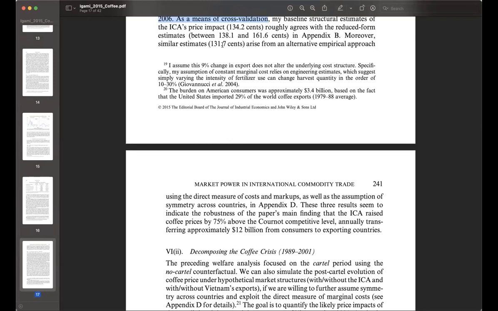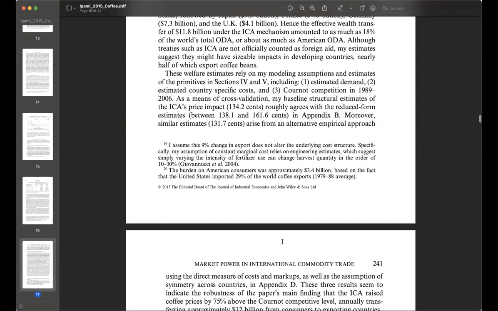Moreover, similar estimates arise from an alternative empirical approach using the direct measure of costs and markups, as well as the assumption of symmetry across countries in Appendix D. So meron silang direct measure of costs and markups, and the numbers are similar as to when they used yung estimated country marginal costs. These three results seem to indicate the robustness of the paper's main finding that the ICA raised coffee prices by 75% above the Cournot competitive level, annually transferring approximately 12 billion from consumers to exporting countries.